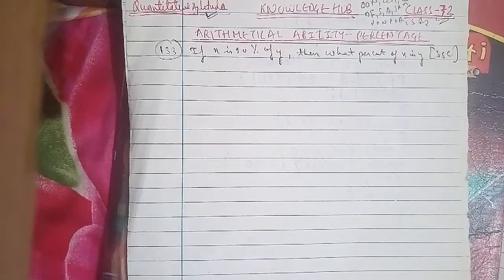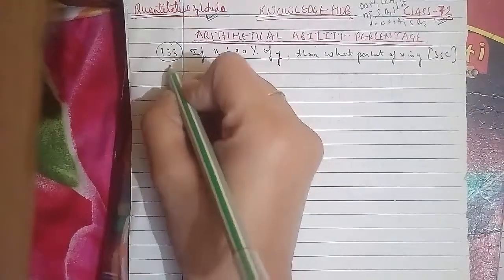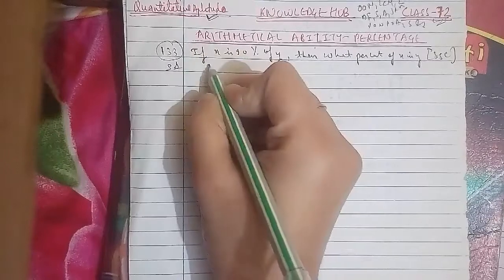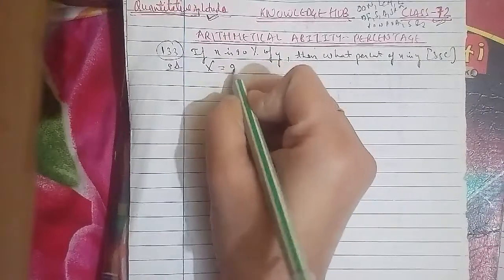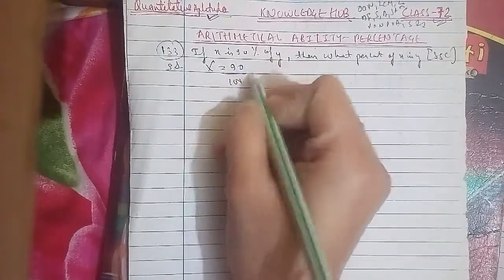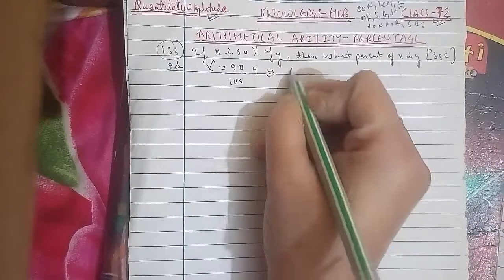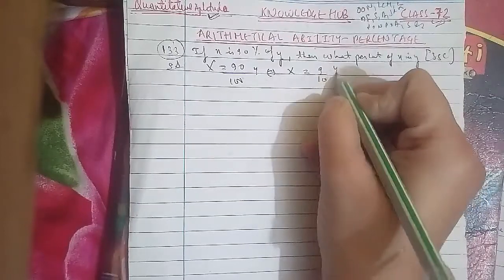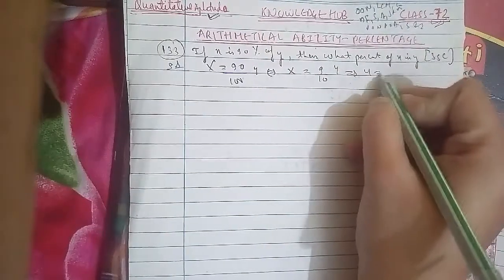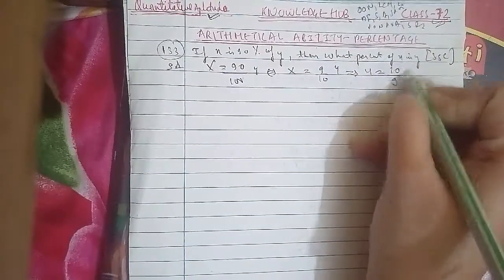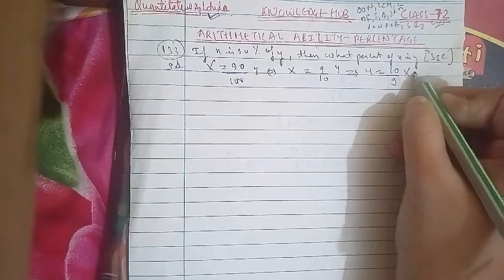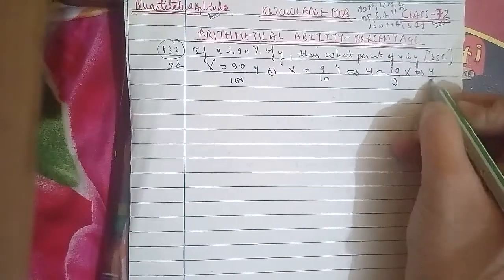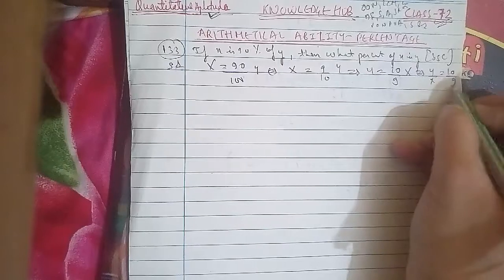The solution for this is x equals 90 upon 100 y, which is x equals 9 upon 10 y, so y equals 10 upon 9 x. So y upon x is equal to 10 upon 9.